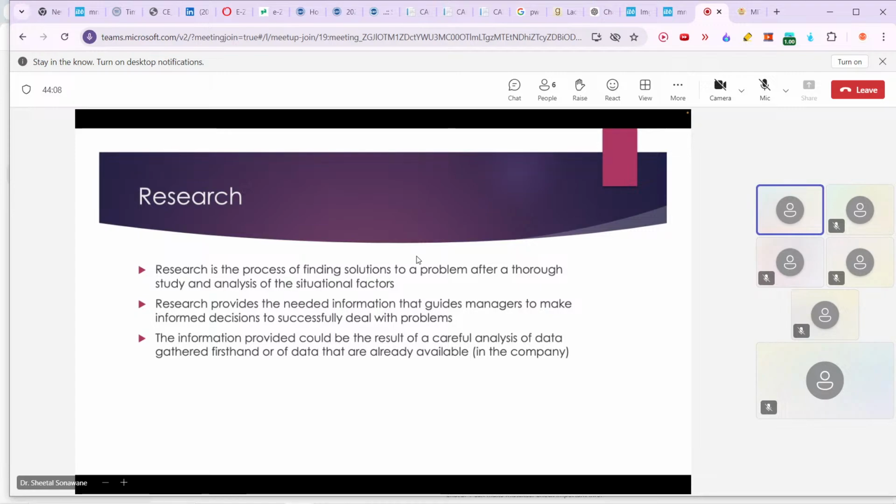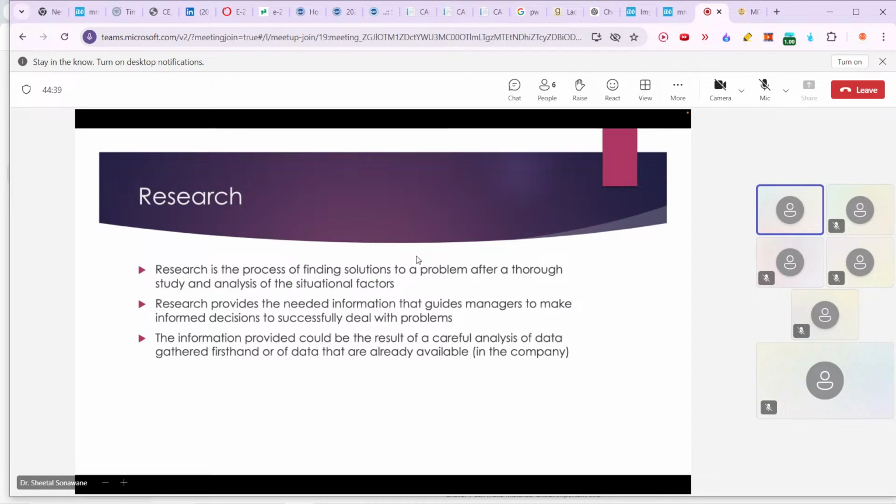Third point, the information provided could be the result of careful analysis of data gathered firsthand or the data which is already available. The same example here we can take is metro, because we have to see what is the current situation. We know that every day there is 2 hours, 3 hours traffic problem, and that is very important.